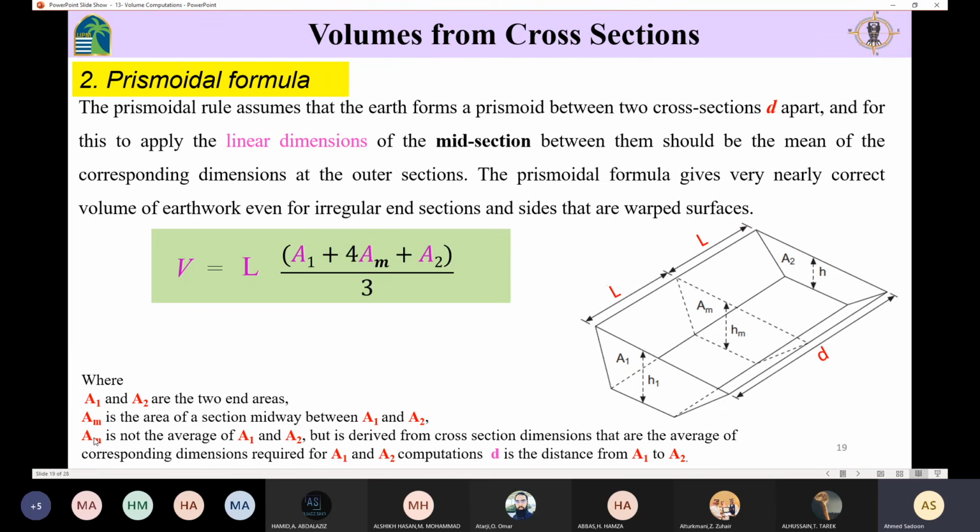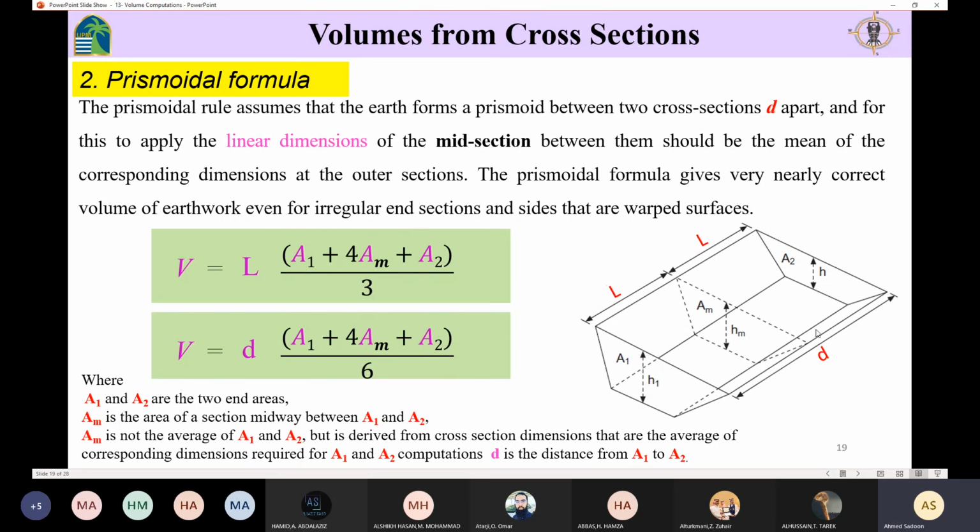We need to remember that AM is not the average of A1 and A2, but is derived from cross-section dimensions that are the average of the corresponding dimensions required for the A1 and A2 computation. Like I explained earlier, I need to determine the dimensions of that midsection from the corresponding end areas. For example, the height of the midsection is going to be H1 plus H2 over 2, and so on.